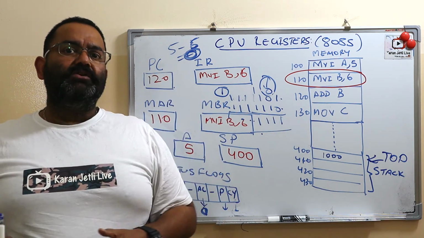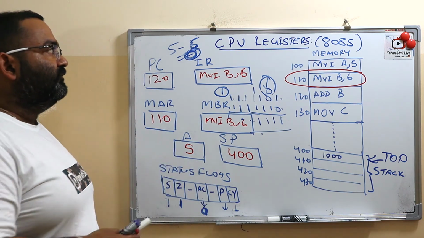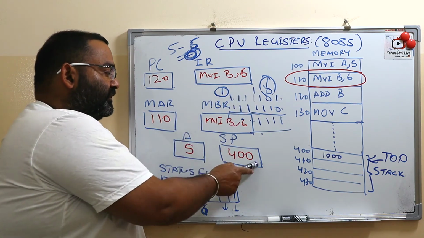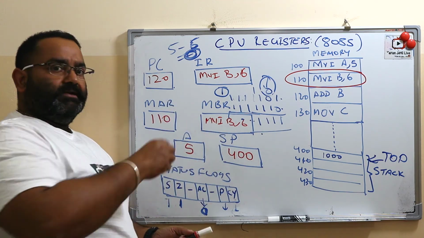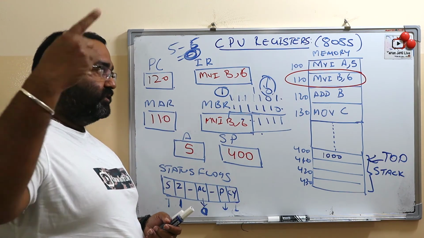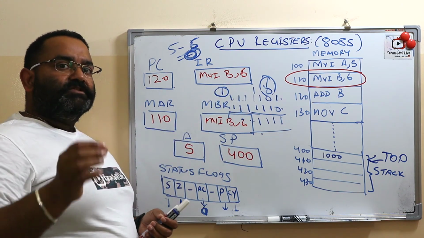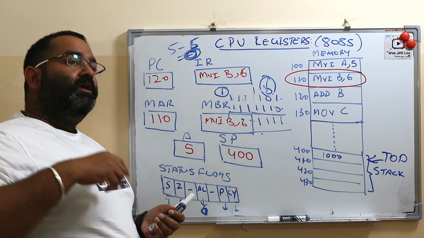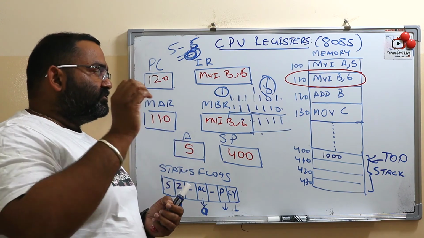Okay, so the main concern of this video, the main topic was different CPU registers and what is their functionality. So in CPU we have program counter, stores the address of next instruction. IR stores the present instruction. MAR stores the address of the present instruction.